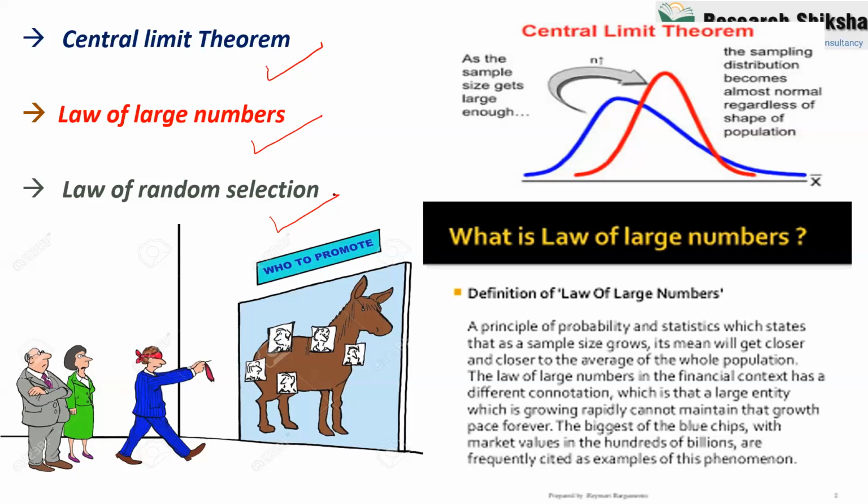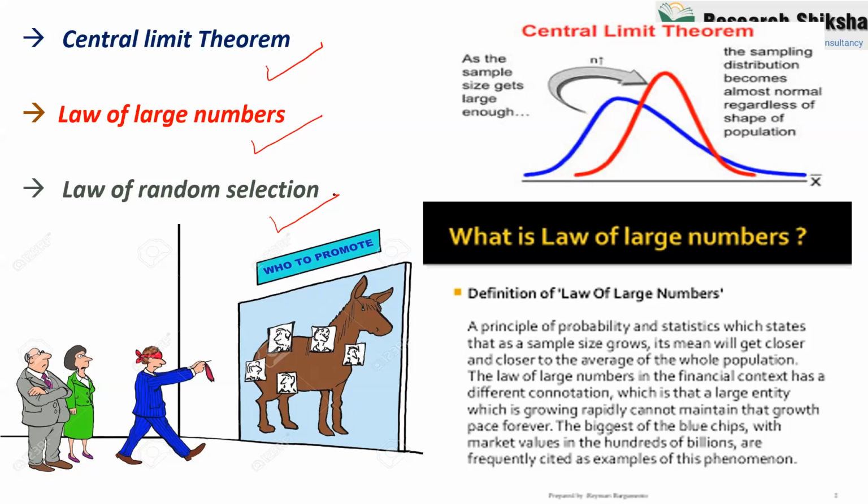Now we have the second, the law of large number. The law of large number says when you increase the sample size, the accuracy of the results will increase.